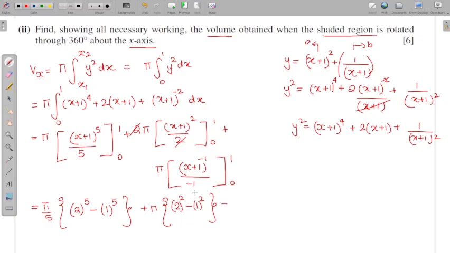Then pi by minus 1, so that's minus pi, bracket, 1 plus 1 to the power of minus 1, which is 1 over 2, minus 1 by 0 plus 1, so that is 1 by 1, which is going to be 1.